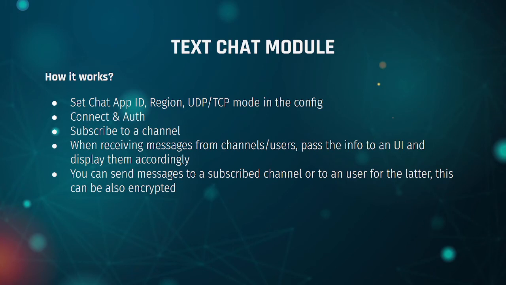Normally you set the app ID, the region, and the connection mode in the config, and then just connect. But in this case, it is not like real time. You have to subscribe to a channel if you want to receive or send messages. Then you can send messages to other players that are in the chat room.